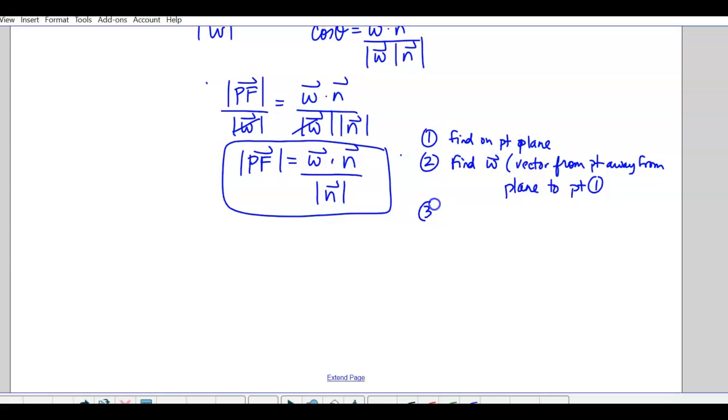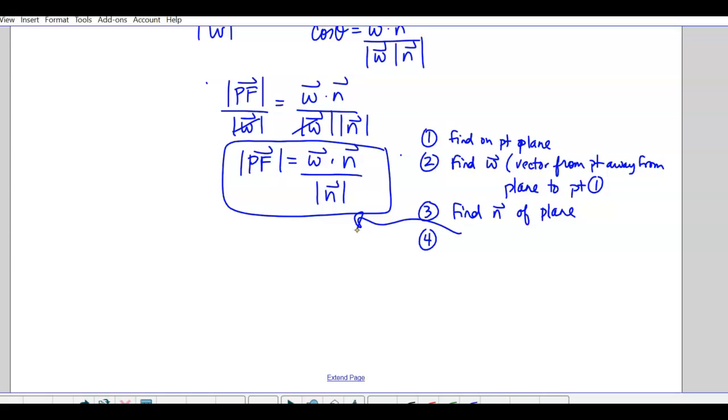Then find the normal of the plane if you don't know it, and then use the dot product of those two vectors divided by the magnitude of the normal.